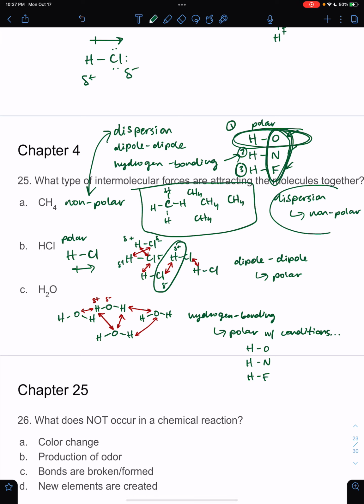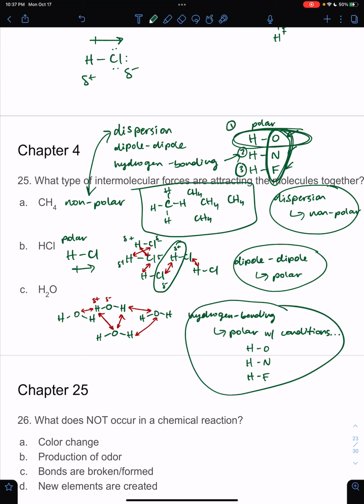Dispersion is associated with nonpolar, dipole-dipole is with polar, hydrogen bonding is polar, but if it's any of these three specific bonds, then that's how you know it's hydrogen bonding and not just dipole-dipole.